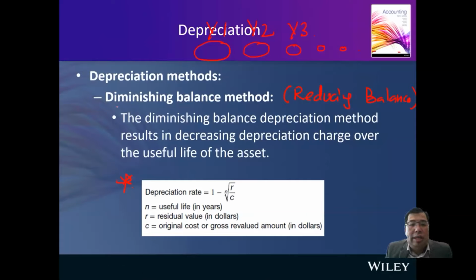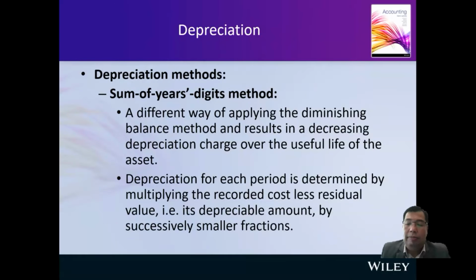So this is what I call the diminishing balance method or reducing balance method. And the calculation is not based on the cost, but based on the carrying amount or net book value. I'm going to show you the examples. We're going to do one question afterwards.